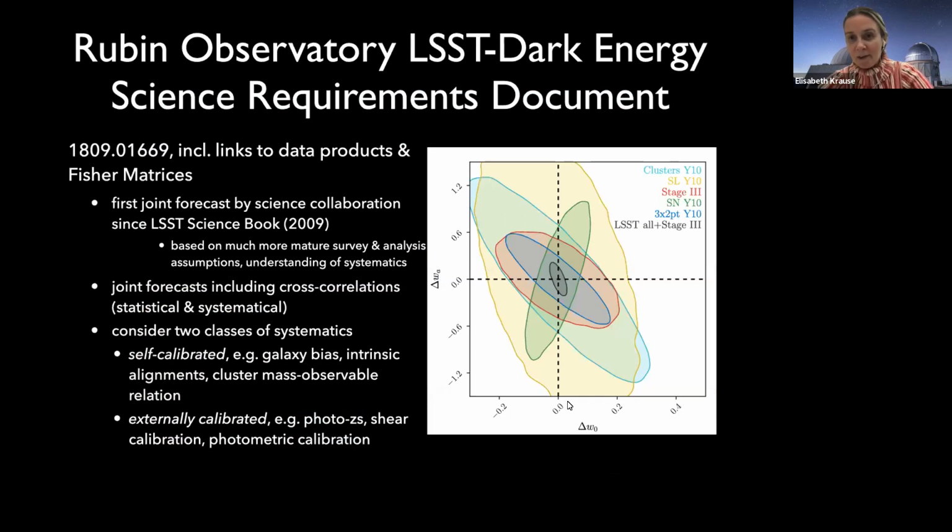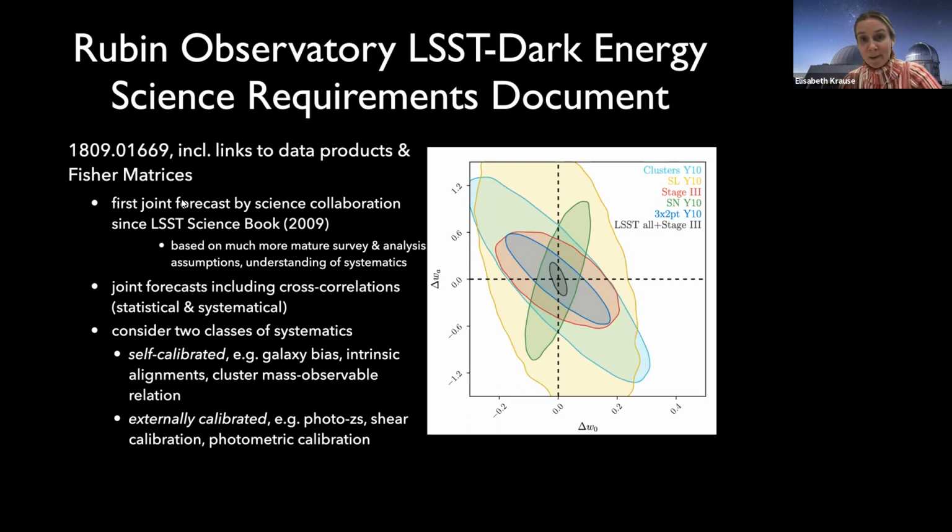Here is a forecast of what we consider basically LSST DESC baseline analyses in our science requirements document, which is available on the arXiv, and importantly includes links to data products and Fisher matrices for joint forecasts carried out by the collaboration. And these are the first forecasts since the LSST Science Book in 2009. So these are based on a much more mature survey and analysis assumption, and also enhanced understanding of systematics.